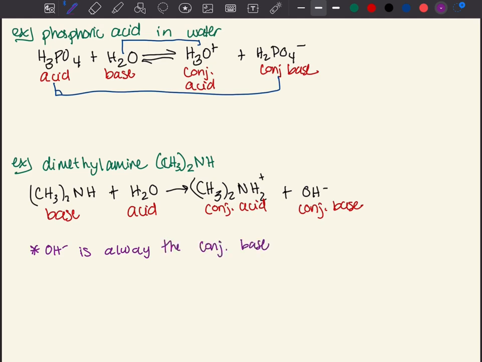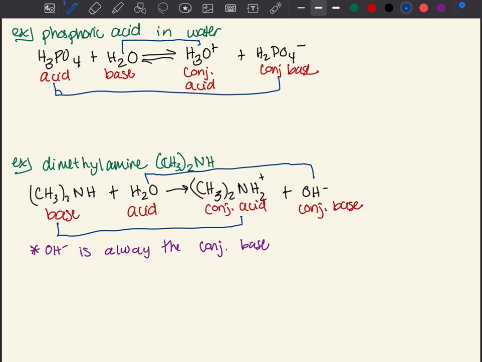Similar to hydronium is always the conjugate acid, hydroxide is always the conjugate base. Now, water is going to go with hydroxide, and my two nitrogen containing compounds are going to be my conjugate acid base pairs.